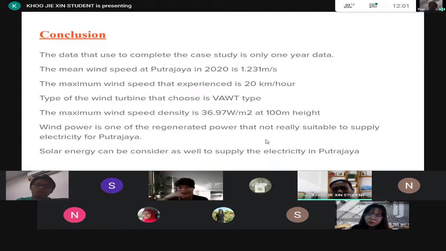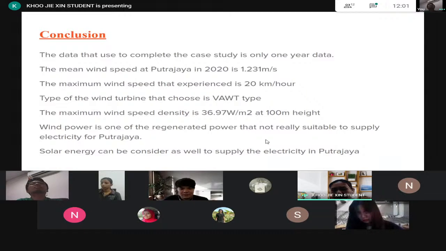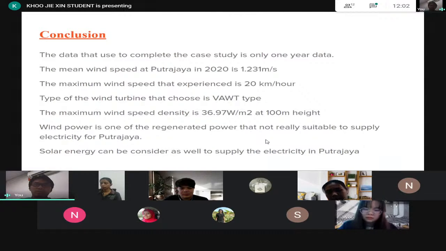How do you know? If you go to 1 kilometer height, it is very high, compared to 100 meters. As we already talked about, we use the equation of velocity equal to initial velocity times the height ratio bracket. My question is, if you have a wind speed at an altitude of around 1.231 meters per second, and you increase the height of your wind turbine, what if you increase it more than 100 meters? Why don't you put it 1 kilometer high?